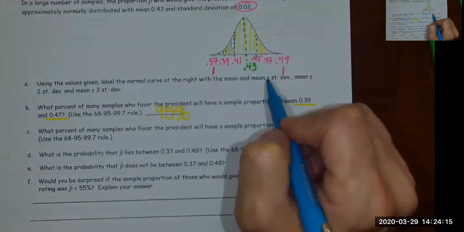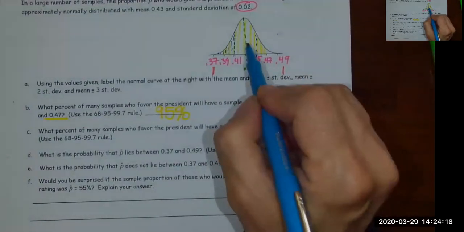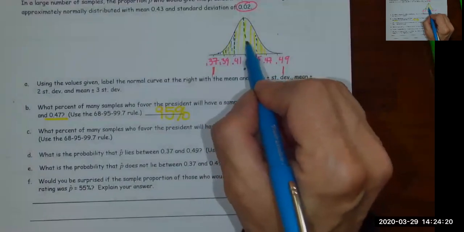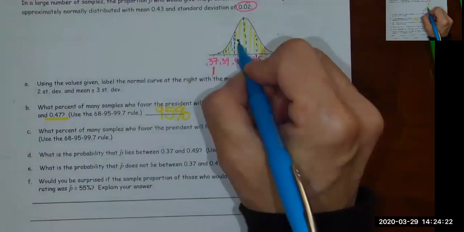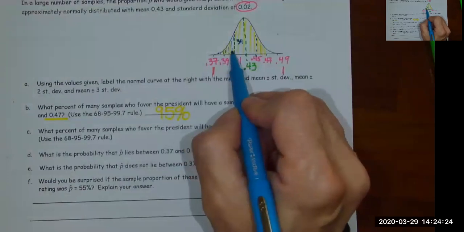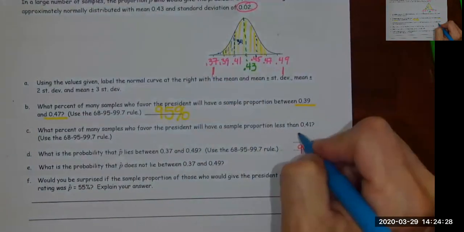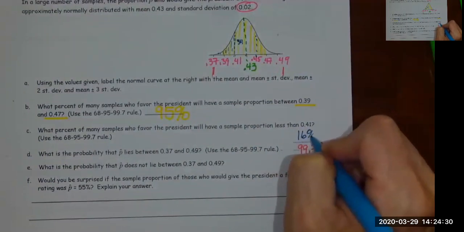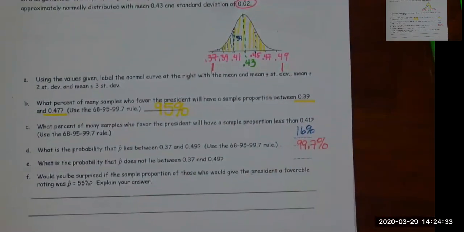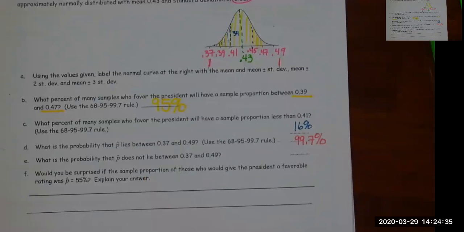And if you remember back, between these two is 68, so that's 34. So this part right here is going to be 50 minus the 34. So that's going to be 16%, right? Remember, on this one, we are strictly using the guidelines of our empirical rule.